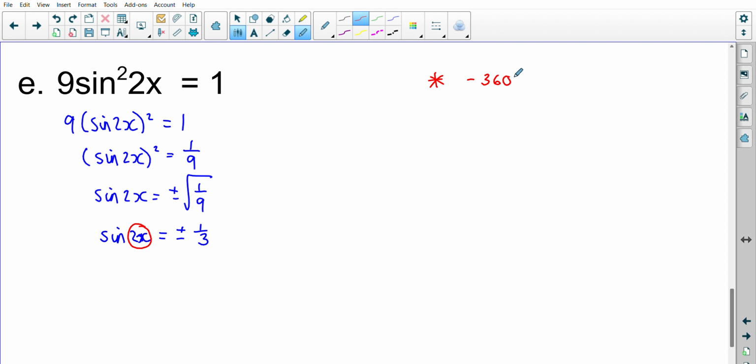Now I'm going to make it go between minus 360 and 360 because I've got a 2x. So same as before then, I will do sine 2x is a third and sine 2x equals minus a third and treat them differently.